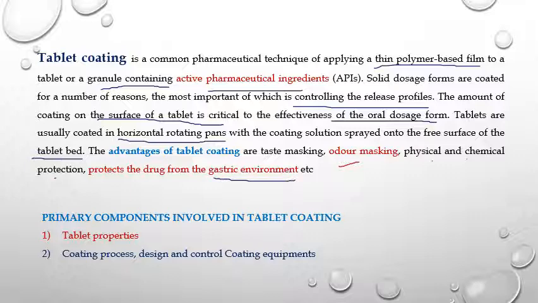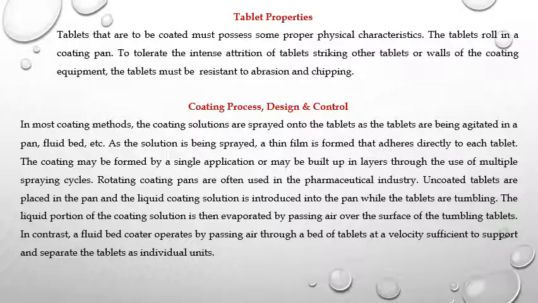Now the primary components involved in tablet coating are: first is tablet property, second one is the tablet coating process, design and control, and coating equipment. Tablet property. Tablets that are to be coated must possess proper physical characteristics.